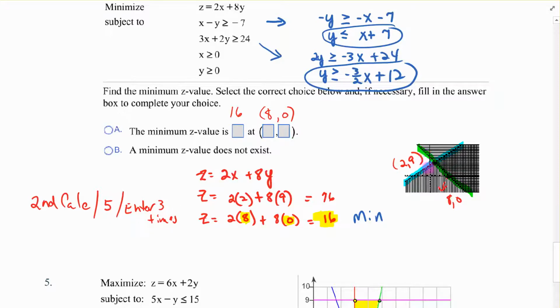So if you were right around this area and you had both those lines in, you could do second calc 5, enter, enter, enter, and you would get this point as an intersection. And you could do the same with y equals 0 and this line. Or you could do it by hand and set this part equal to this part, and you should get the same thing.